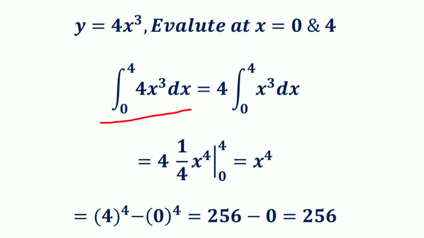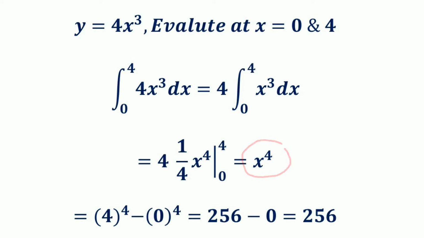So here the integral from 0 to 4 of 4x cubed dx is equal to, taking 4 outside, 4 times the integral from 0 to 4 of x cubed dx. The integral of x cubed is x to the power 4 by 4, so 4 into 1 by 4 x raised to the power 4 is equal to x raised to the power 4.